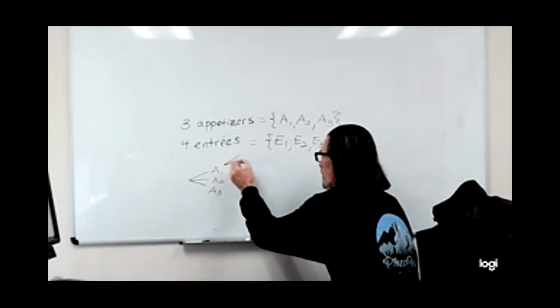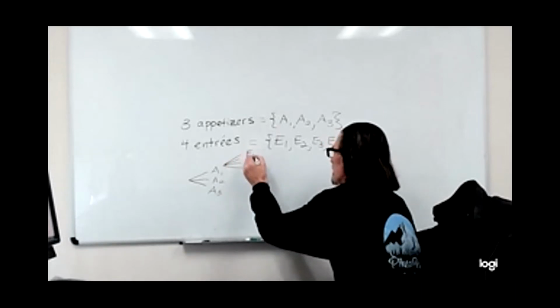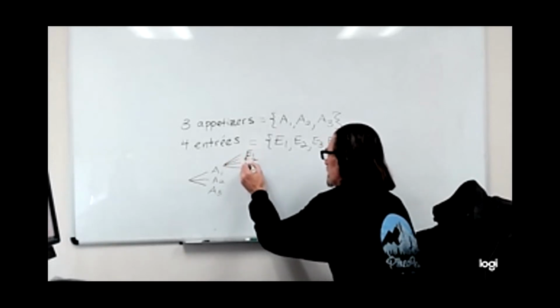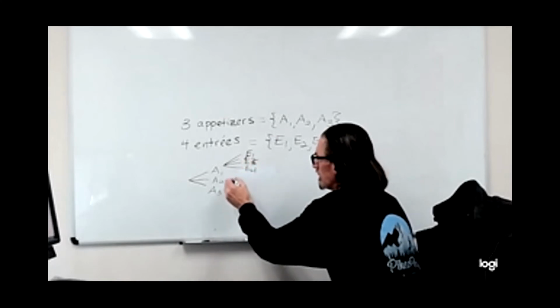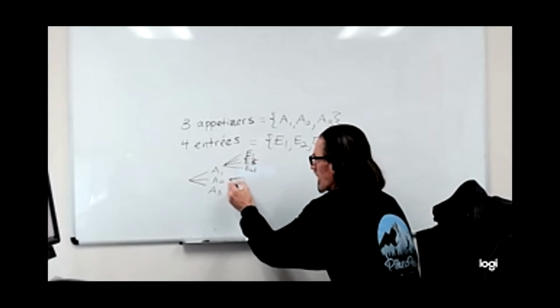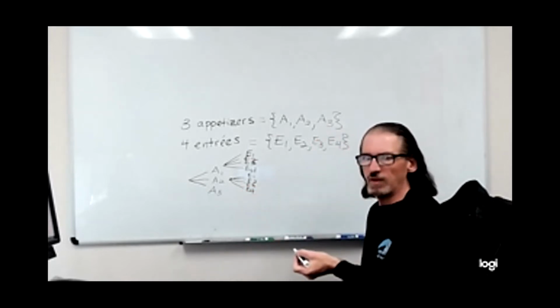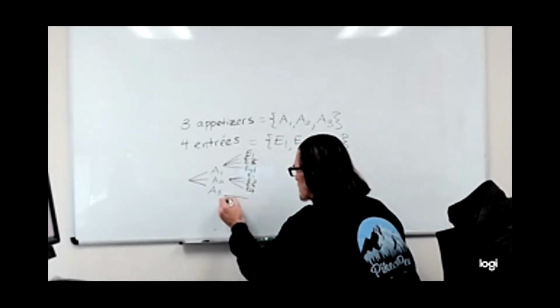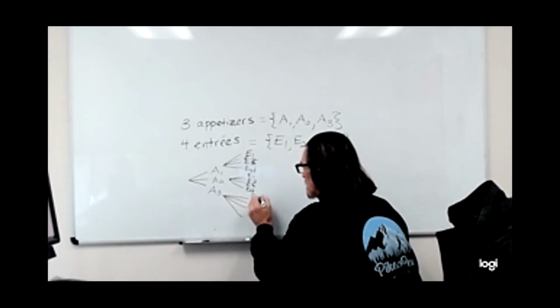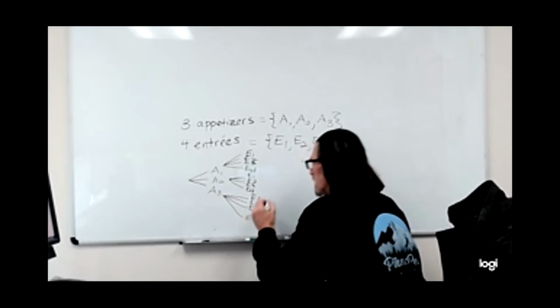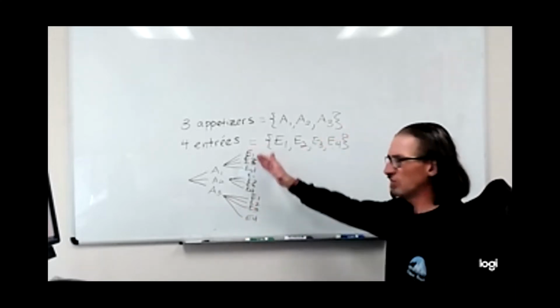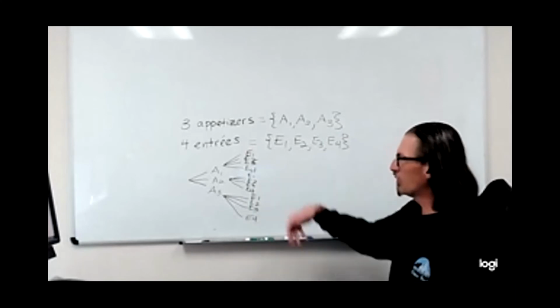So there are going to be 4 choices if the first appetizer has been chosen, 4 choices if the second appetizer was chosen, and 4 choices if the third appetizer was chosen. If you look at how many endpoints we have to this branching, there are 12 of them.